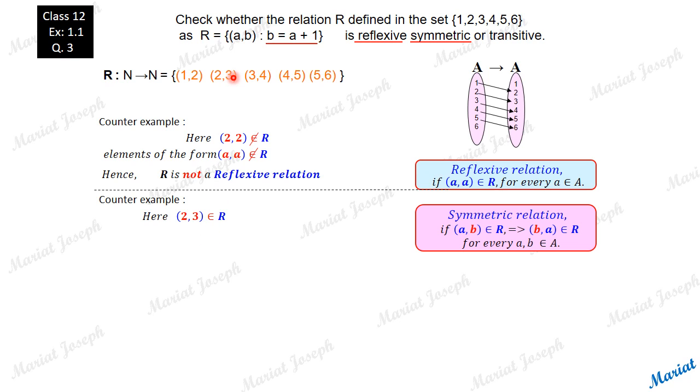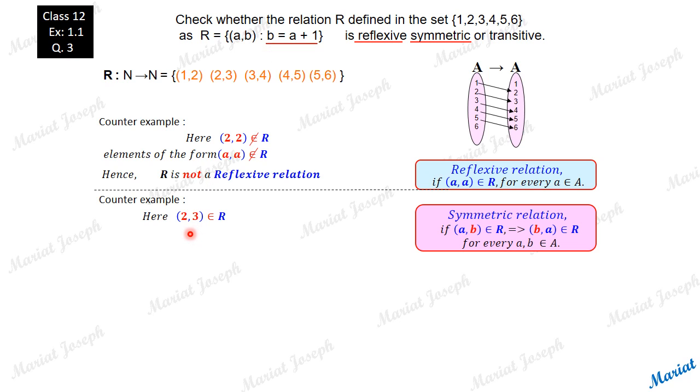Yes, (2, 3) is present in the relation. But can we find (3, 2) in the relation? I have not written that. Why? Because the first element has 3 and the second element has 2. (3, 2) is not satisfying this given condition, as 3 plus 1 is not 2.